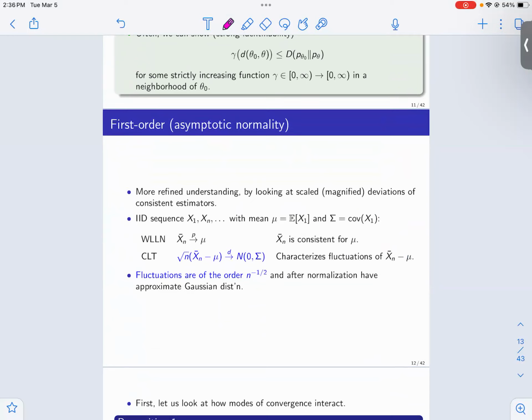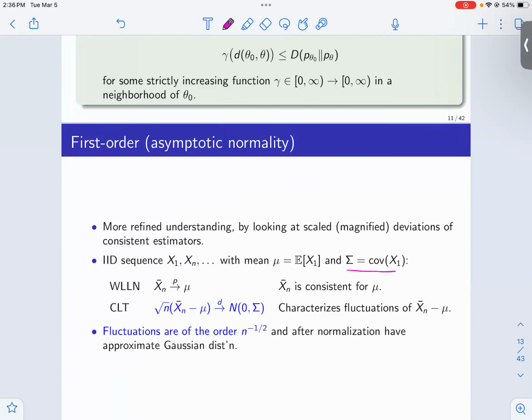So if you go back to basic probability, if I have an IID sequence x1 up to xn with mean mu and covariance matrix sigma, so this is my notation for covariance matrix. You can think of it as the univariate case for now, if it's easier, just the variance. But I'm implicitly assuming these are random vectors. So all the things would work for vectors.